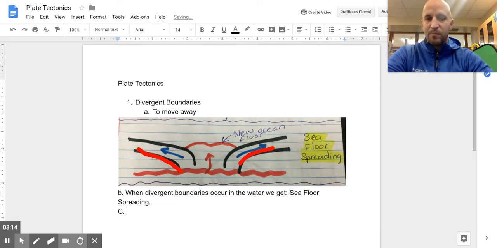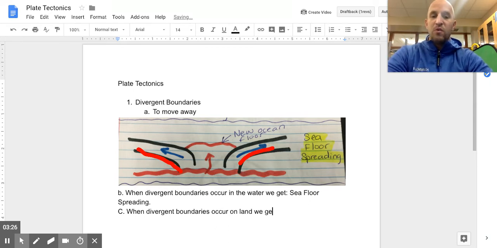However, when divergent boundaries occur on land, we get what's called a rift valley.